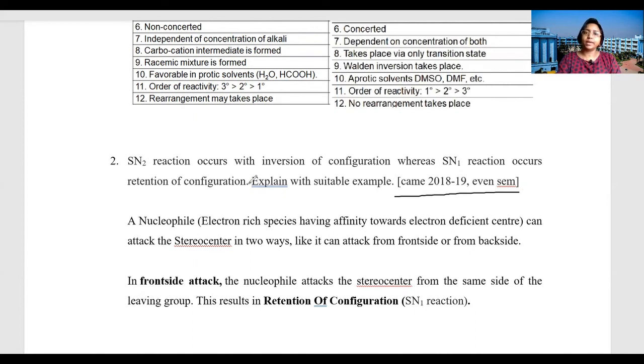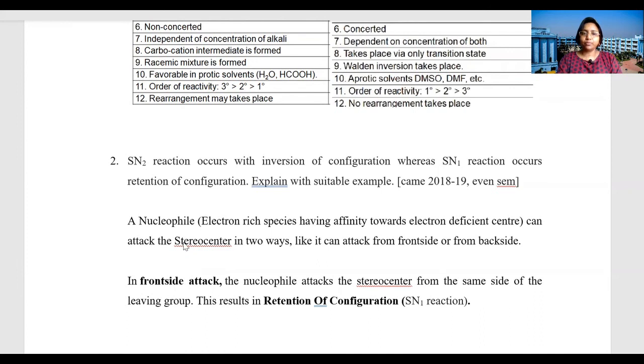So what is it telling? Configuration means the structure. For SN1, the product remains with a similar structure to the reagent. But SN2 is the inversion of the configuration.